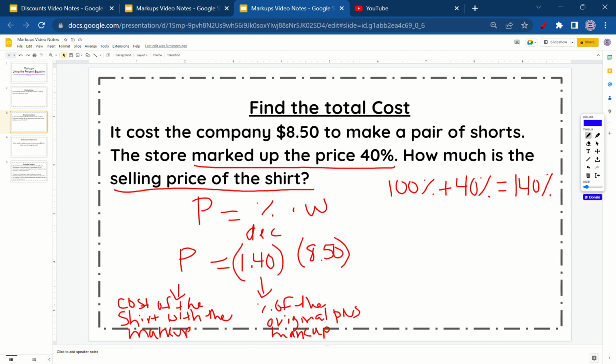All right, so let's get to solving this equation here. We have part is equal to 1.40 times $8.50. So 1.40 times $8.50 will get us $11.90.